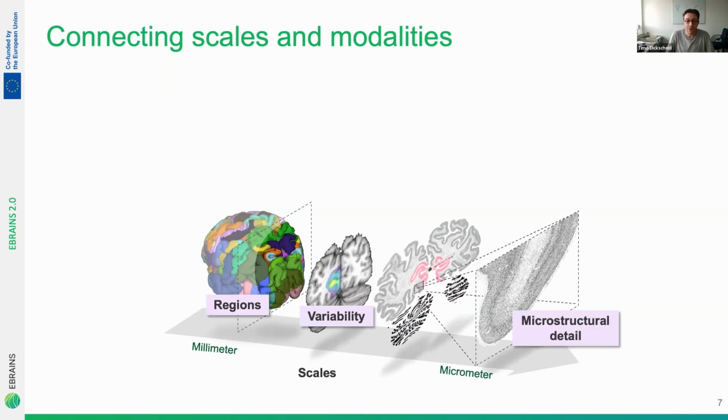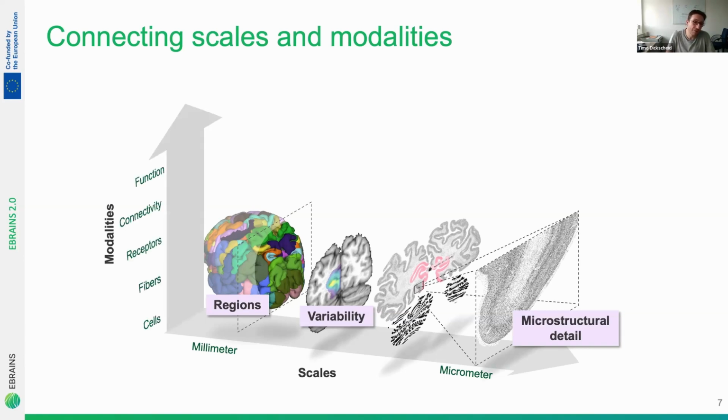So the idea of the atlas is really to go from the region down to the microstructural detail, in principle to the individual cell, and on all these scales have the possibility to access data and to work with it.